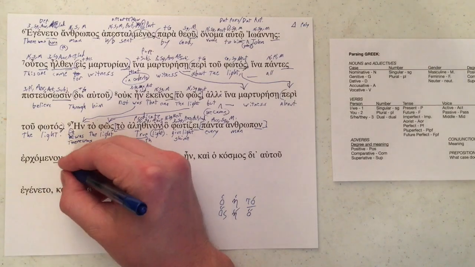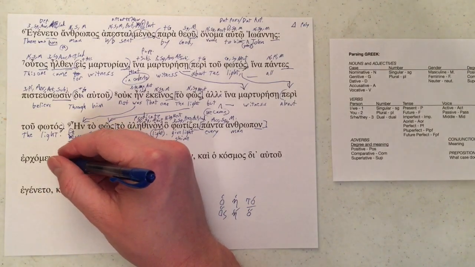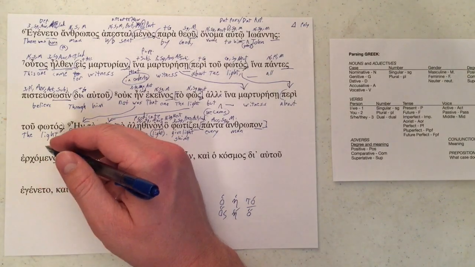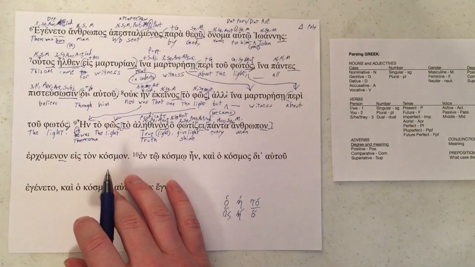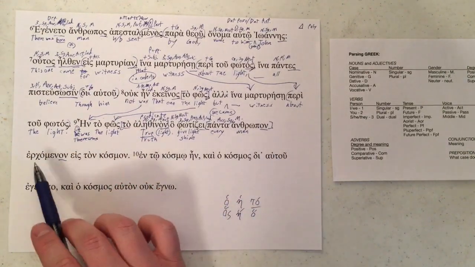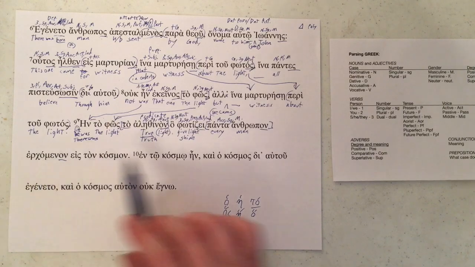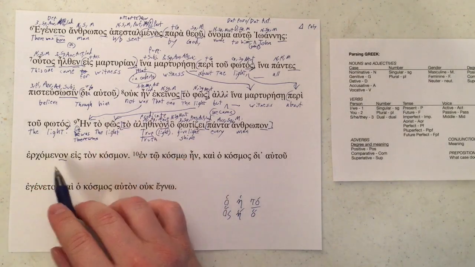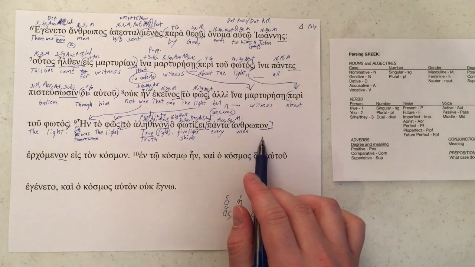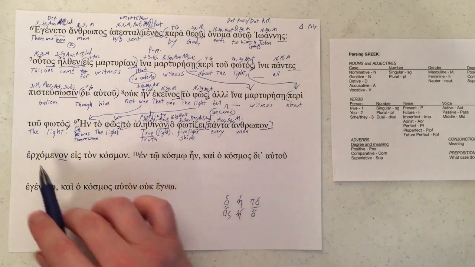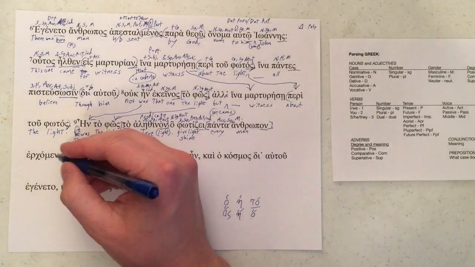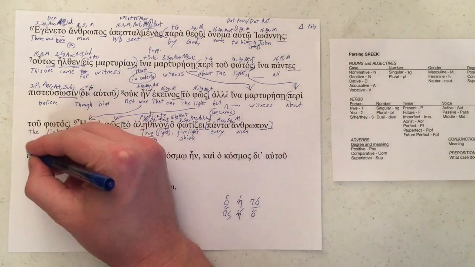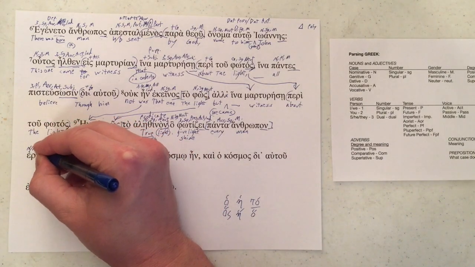Erkhomenon. On here is an accusative singular ending, either for masculine or neuter. It could be nominative, of course. But based on the context, it makes most sense that, yep, it's actually going to go to phos, because it doesn't make sense for every man coming into the world, but for the light coming into the world. So, parsing this one, we've got nominative or, as I said, accusative.